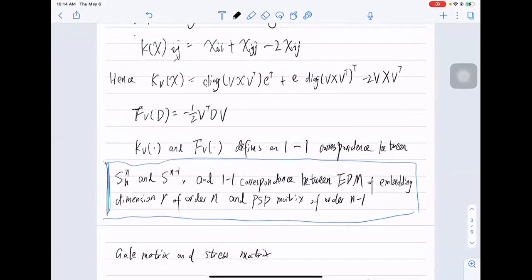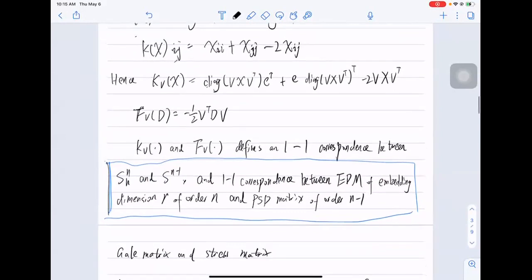So K_V and F_V define a one-to-one correspondence between the hollow matrices H of order n and the symmetric matrices of order n minus 1. And also we defined a one-to-one correspondence between the EDM matrices of embedding dimension r of order n, and the PSD matrices of order n minus 1.